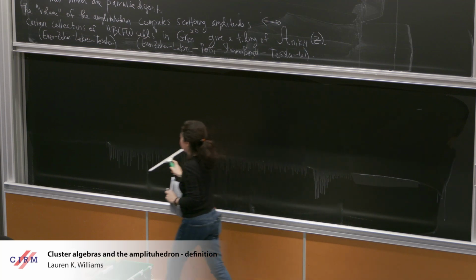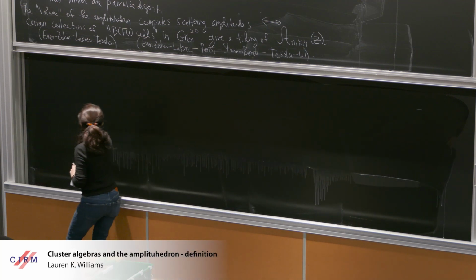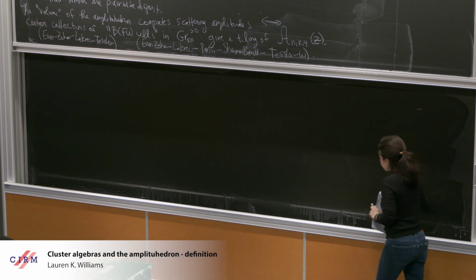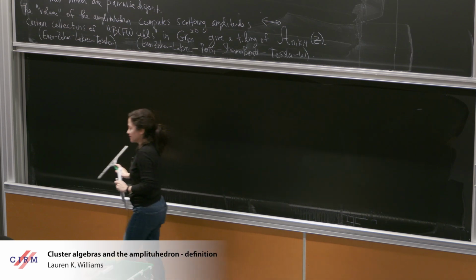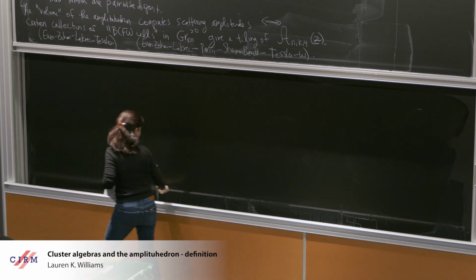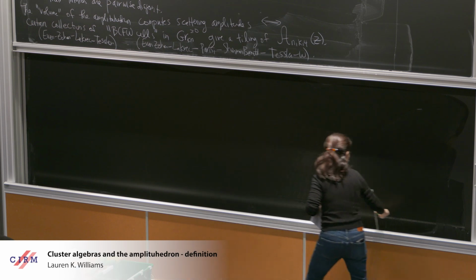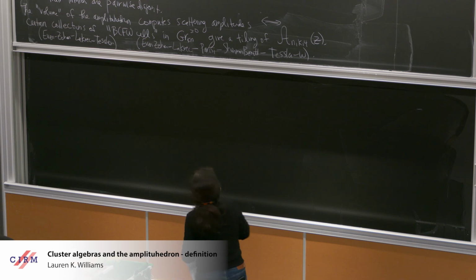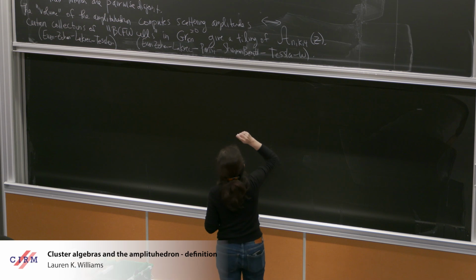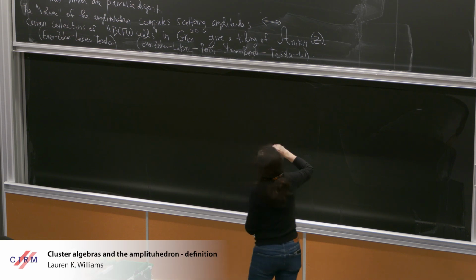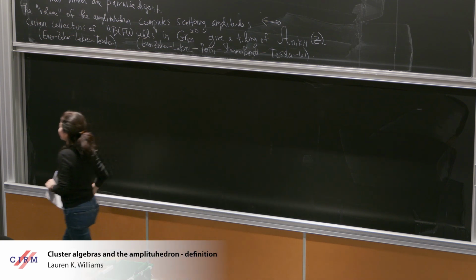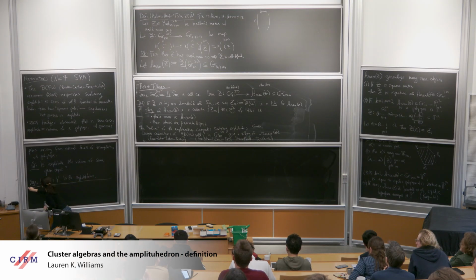And the amplituhedron for m=4 is very closely connected to the cluster structure of the Grassmannian of four planes in n space. So basically, the idea is that the little m parameter in the definition of the amplituhedron, that m, maybe let me just write something.